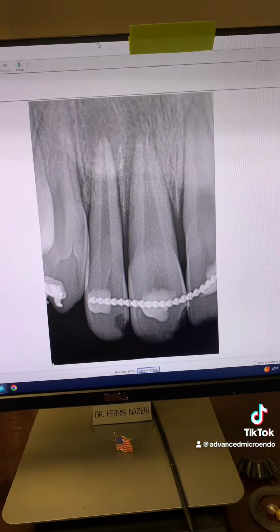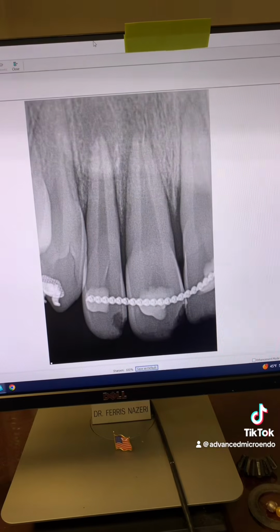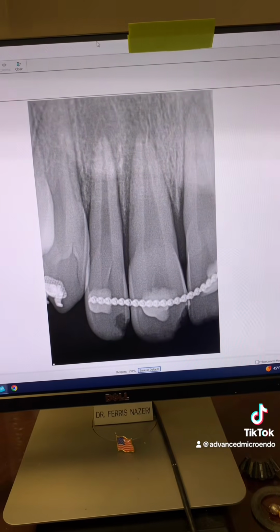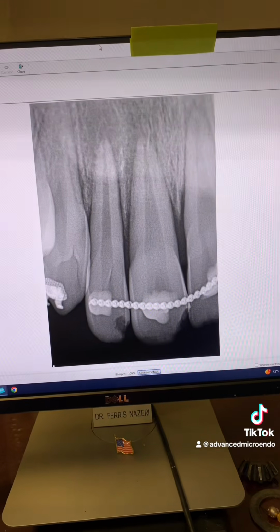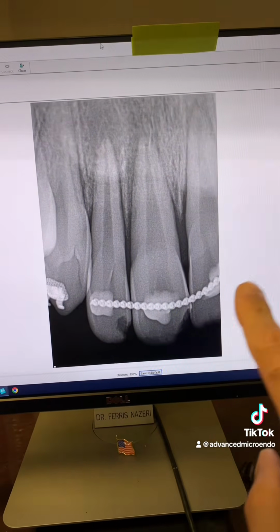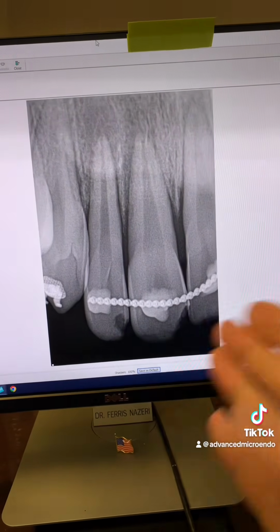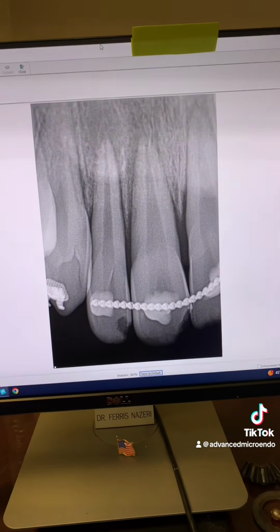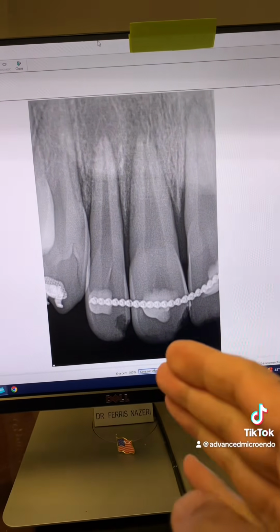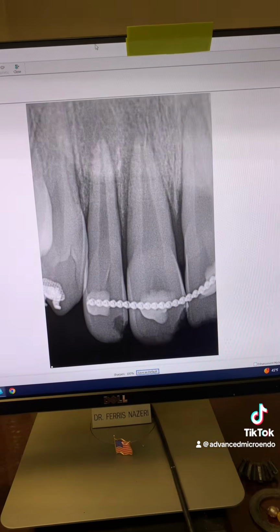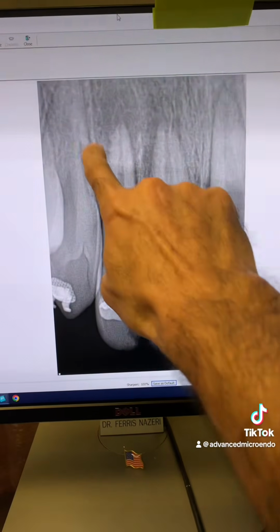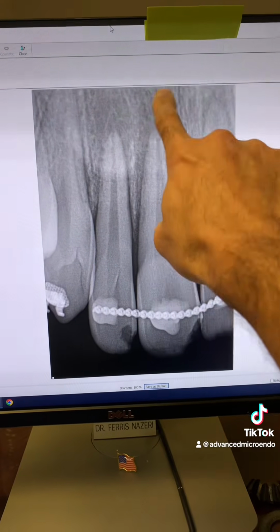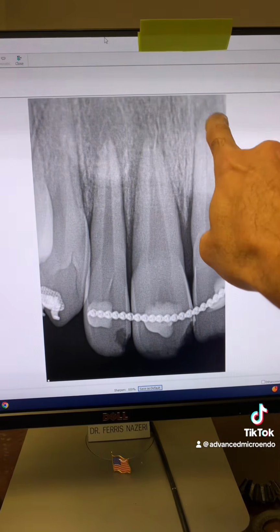So by the time I saw the patient, a month had gone by post trauma. When I examined these teeth, of course, they all responded necrotic. Remember, they were partially avulsed, and you can see there's a periapical lucency here, and one starting to form right there.